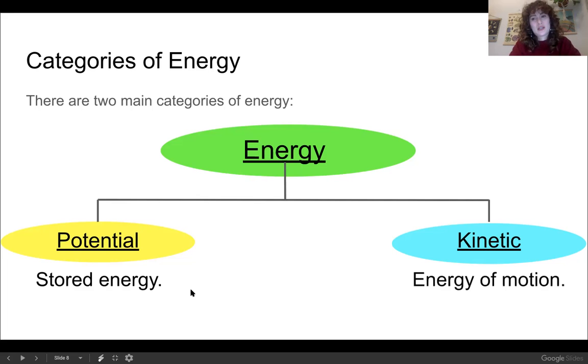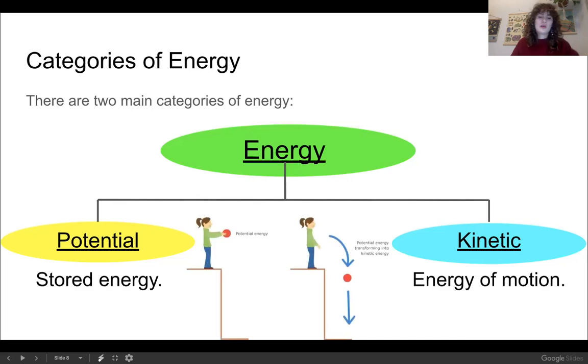Kinetic energy is energy of motion. So if energy is not being stored, then it's being used, which means it's doing work. It's moving something using force. So kinetic energy is anytime something is in motion. As a good example, we have a lady holding this red ball at the top of a cliff or something and then dropping it.